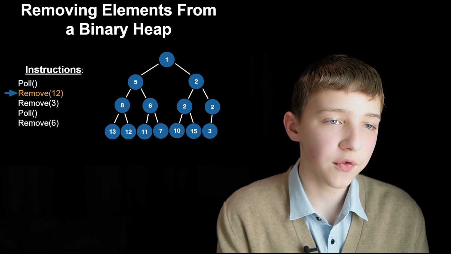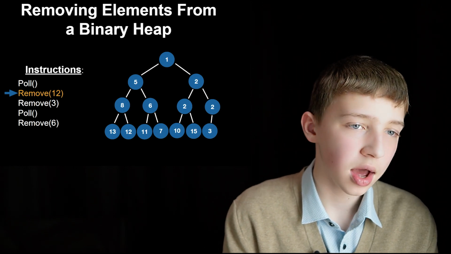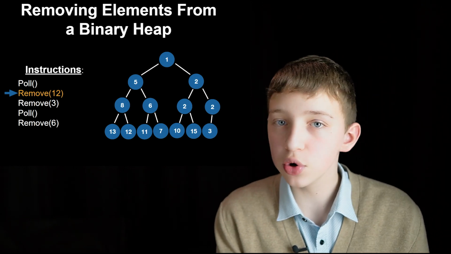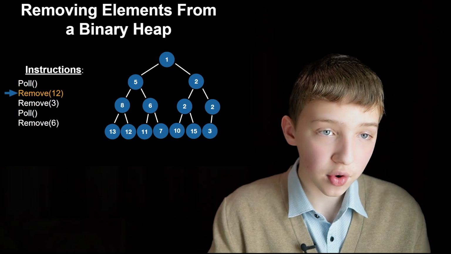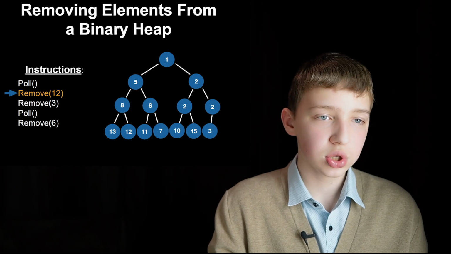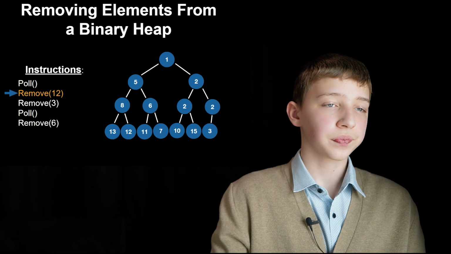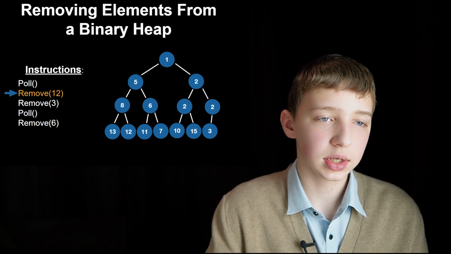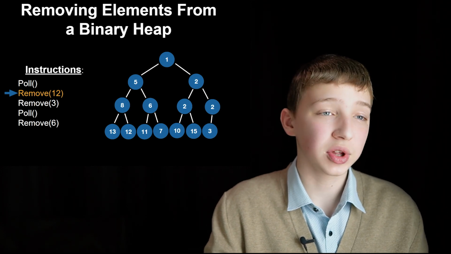However, we do not always sink or bubble down the last node, especially when we remove some arbitrary node. So now let's remove 12, and we'll see that we're going to bubble it up.